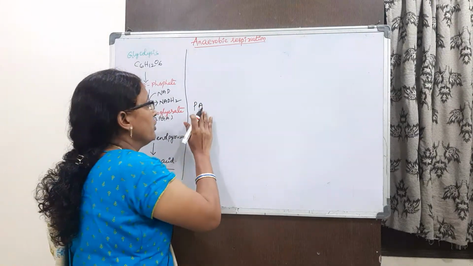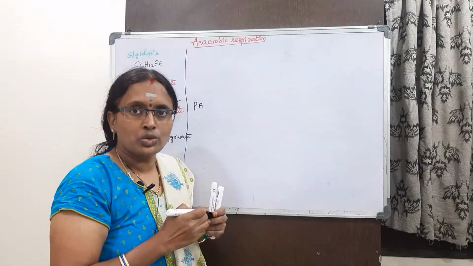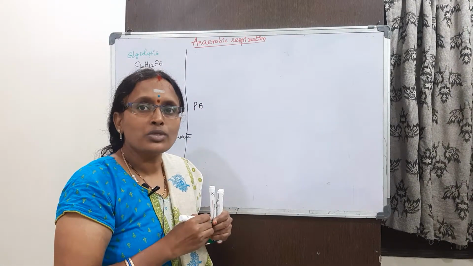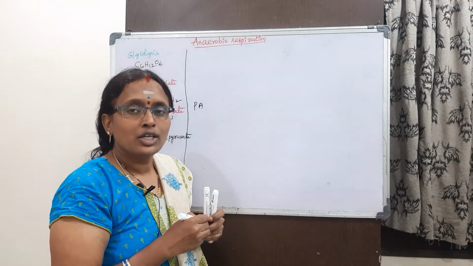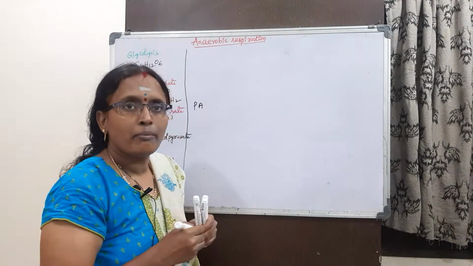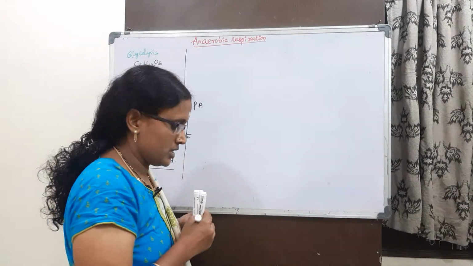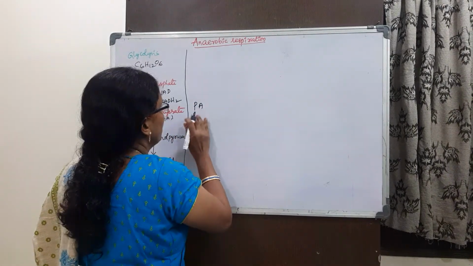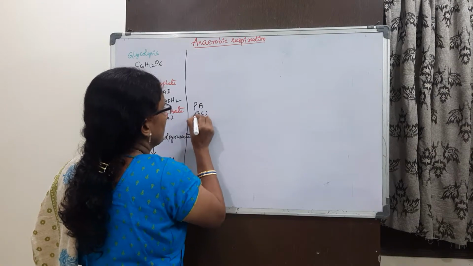So pyruvic acid is a two-step process. It forms, in the presence of pyruvate decarboxylase, the enzyme. Pyruvic acid is a 3-carbon compound.